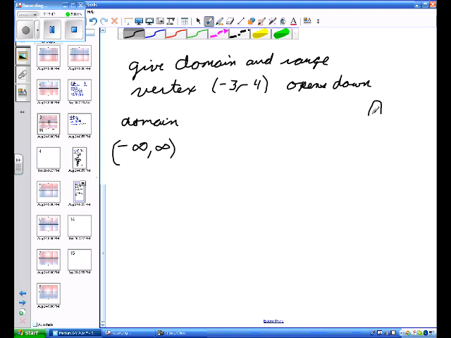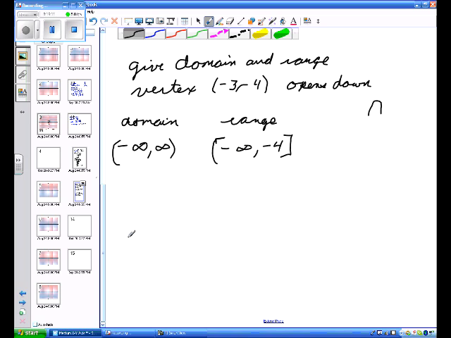Now our range, that highest point is the y value of our maximum. So we're going to go from negative infinity all the way up to our y value of -4. And that would be our range. So you can give the domain and range different ways given different pieces of information.